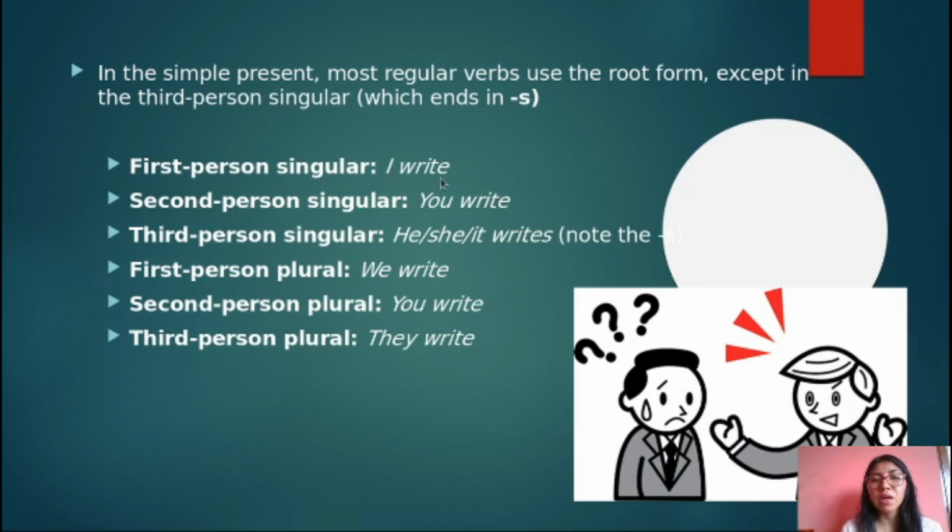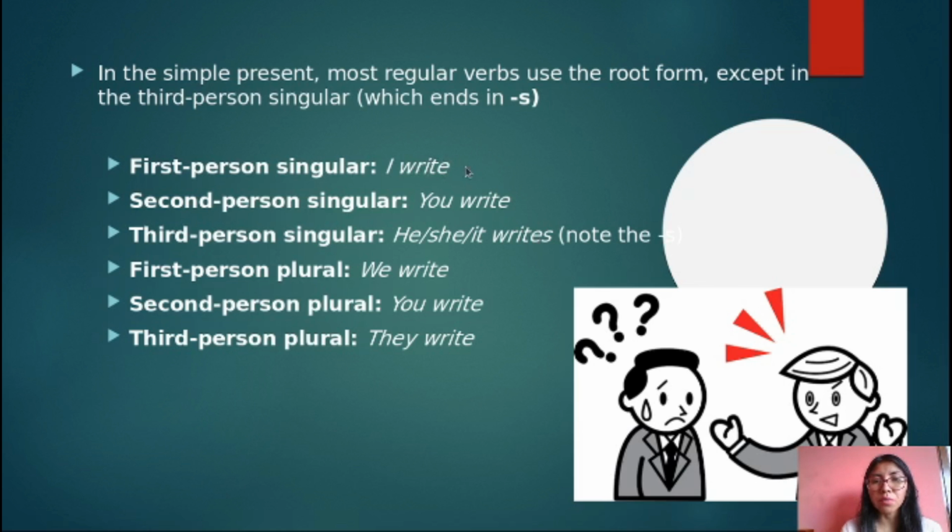For example, I write, you write. When you speak about the third person singular, you are going to add the letter s to the verb. For example, he, she, it writes. Okay, in that conjugation is the only part where you have to add an extra s to the verb.